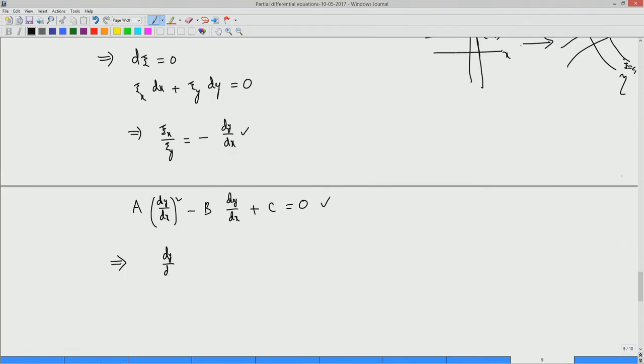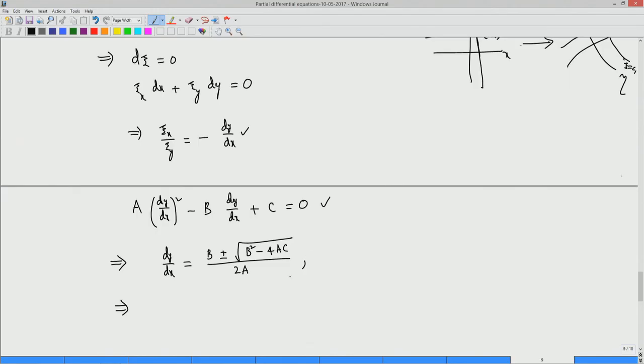So, dy by dx equal to b plus or minus square root of b square minus 4ac divided by 2a. So, this is the differential equation. These are two ordinary differential equations. If you solve them, you get your xi and eta. If you just try to solve this, you get your xi.